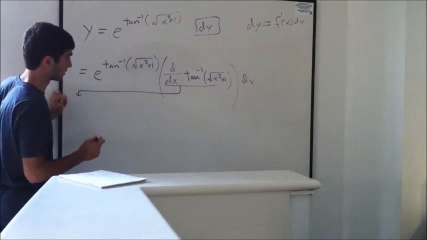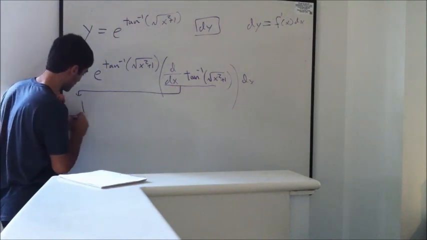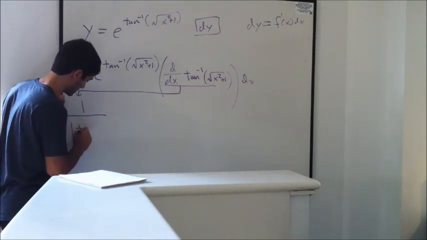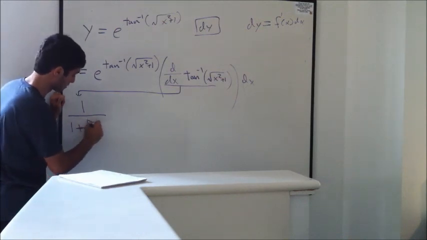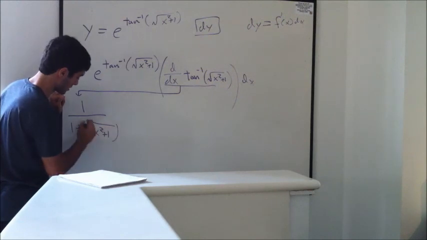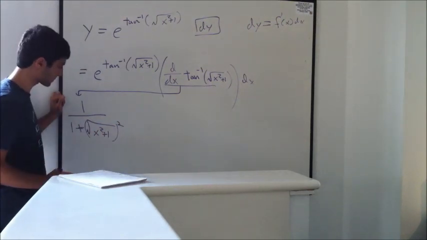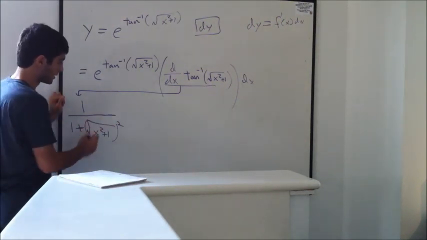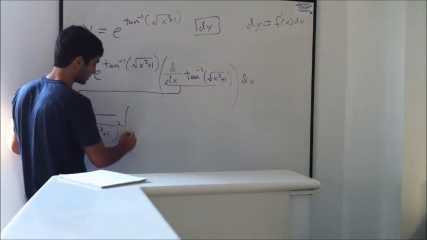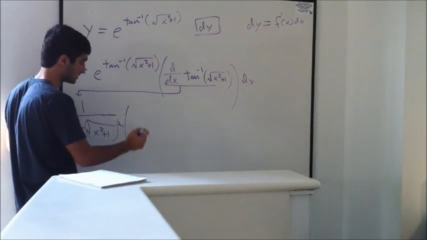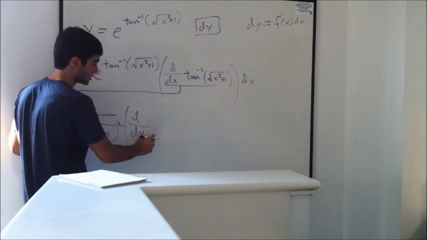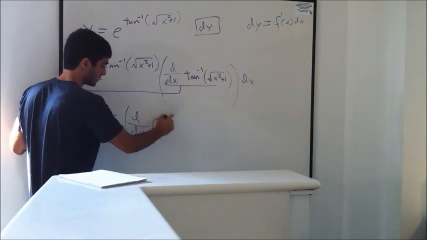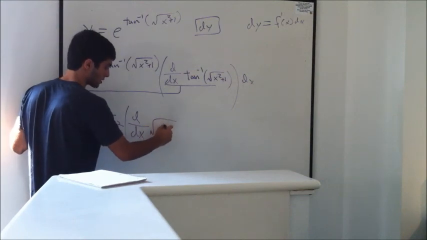So in this case, the derivative of the tangent inverse is going to be 1 over 1 plus the square root of x squared plus 1, all squared. And then we're going to have that times the derivative of the inside again, which is the derivative of the square root of x squared plus 1.